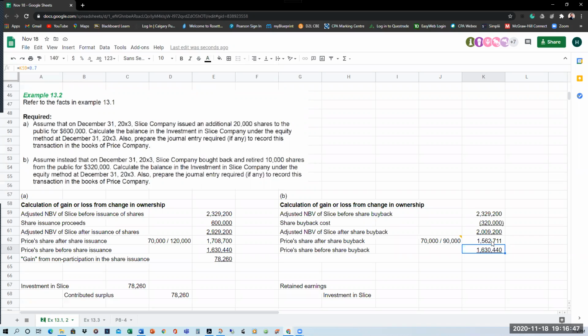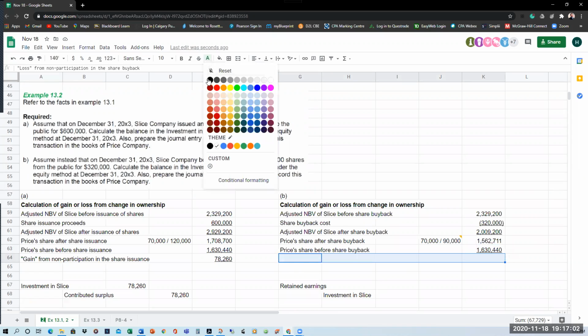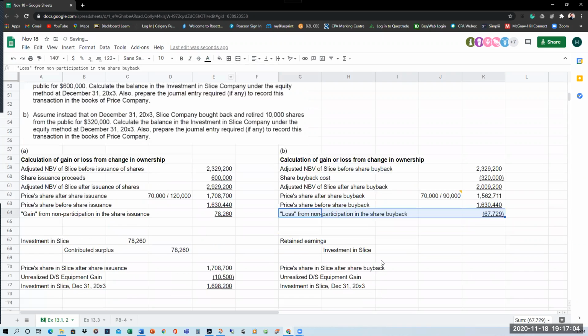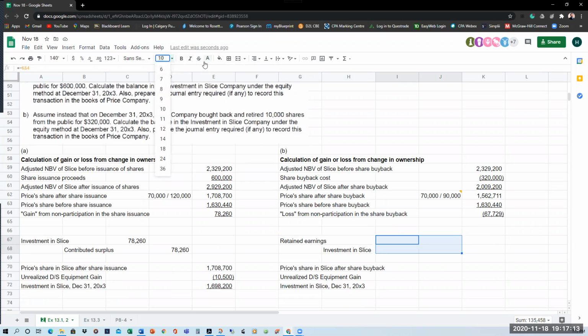So the difference here now indicates gain or loss. Let's say so-called loss, so I'll put the loss in quotation marks. We're not really going to record it as a loss. Instead, we would debit retained earnings. You want to debit retained earnings and credit the investment in Slice for the 67,729.